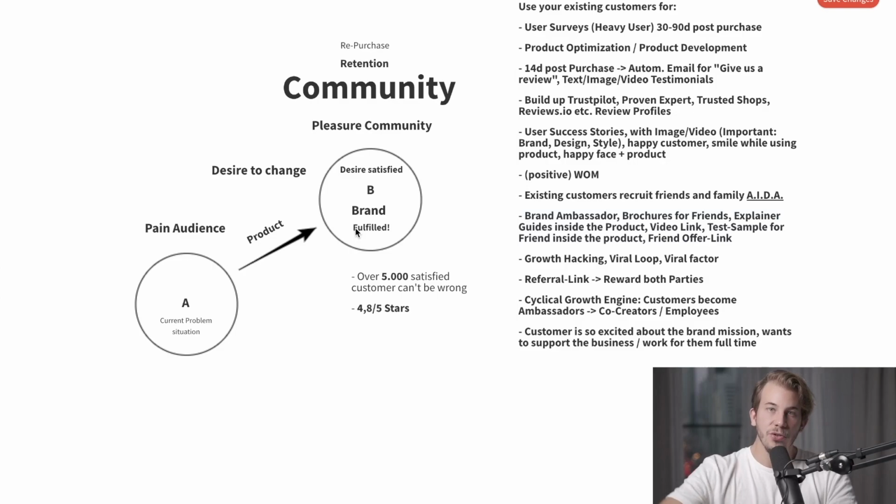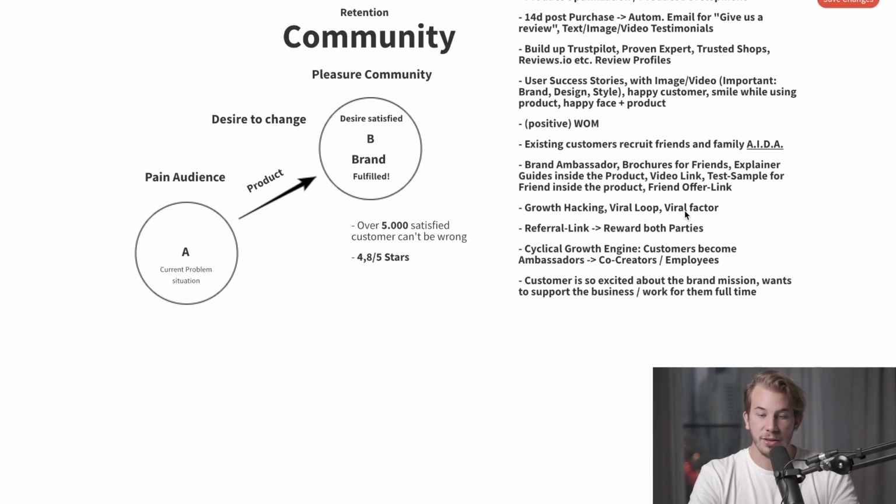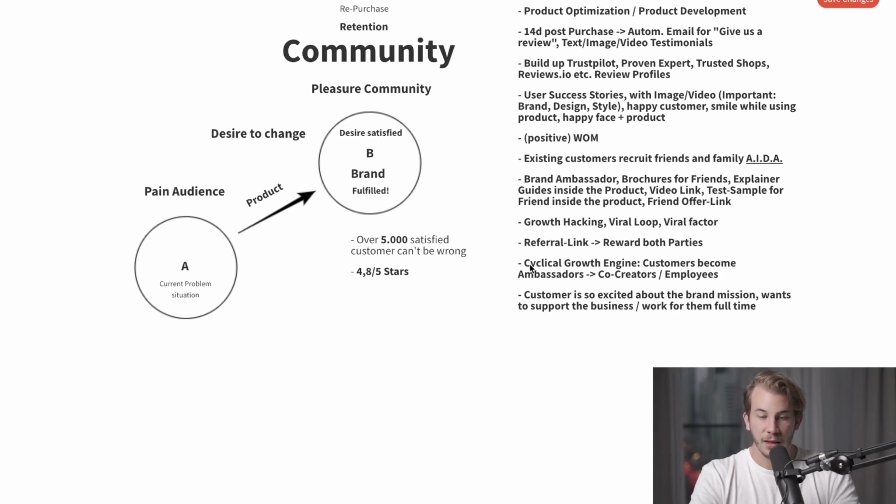And they will bring in new customers, and these new customers will have the same journey ahead of them. So the potential here is always to become fully cyclical and get a viral factor of above 1.0, which means that one customer brings in more than one friend, and this new customer again brings in their friends, and that's how you can grow virally, which is the best thing that can happen to your business.